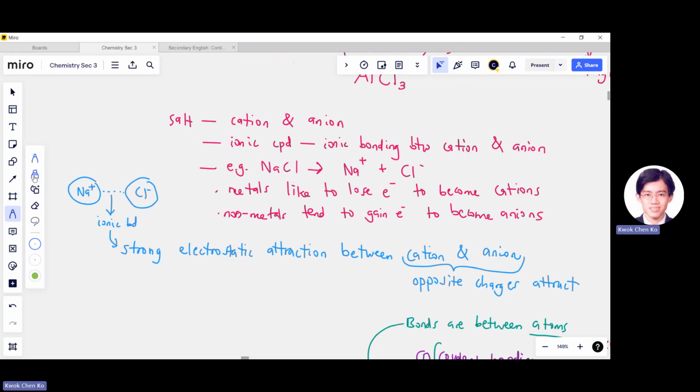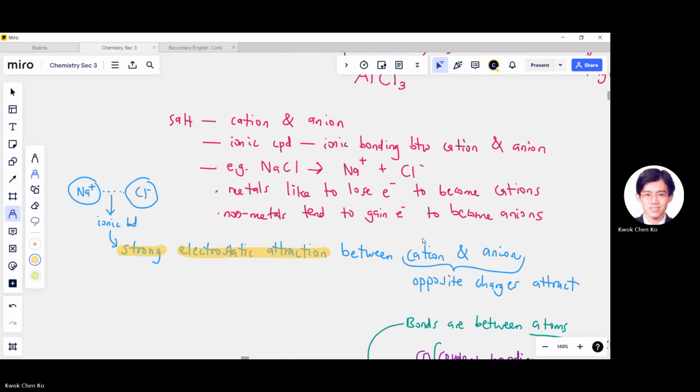But let me emphasize, in case you're asked to describe ionic bond, your teacher wants to see the word strong electrostatic attraction. Better still, it's actually a whole phrase between cation and anion that describes your ionic bond.